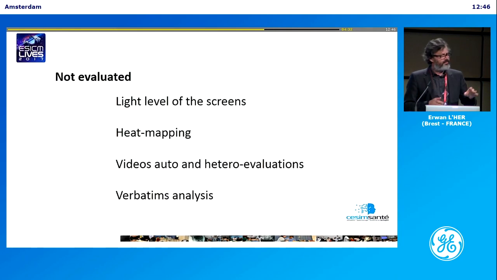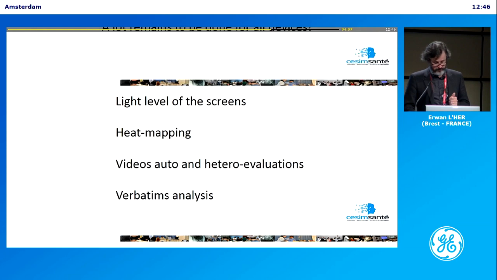We did not have enough time to evaluate the light levels of the screen, which may be a very important aspect of the ergonomy. Some devices are very fancy, but with a high level of luminosity, which may decrease the sleep of the patient. We did not have time to perform heat mapping, neither video or auto or hetero evaluation, neither verbatim.